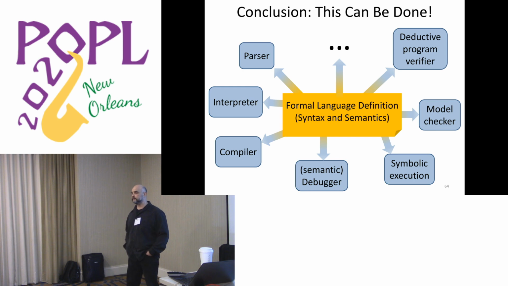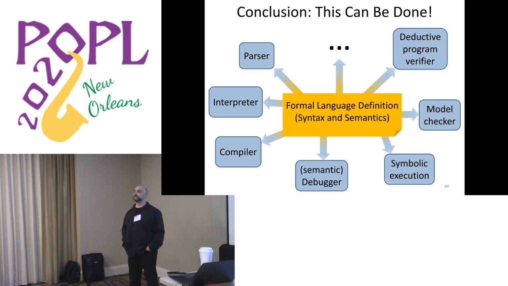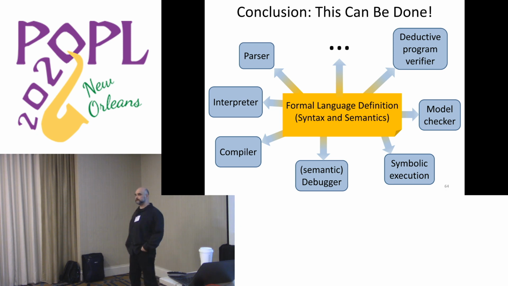Whereas in Iris, the fact that it's not first-order logic is absolutely crucial, as far as I understand, to being able to do modular reasoning. And modular reasoning seems to be quite important, because if you have, let's say, a lock, and you don't know what it's locking, then you need to quantify what it might be locking, right?